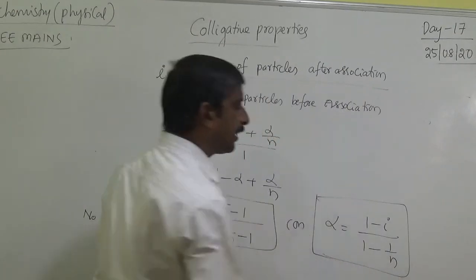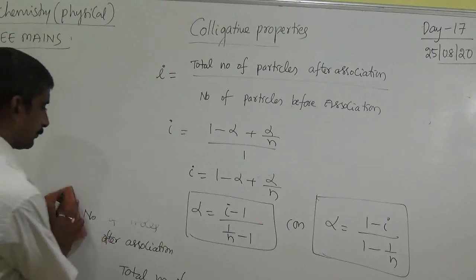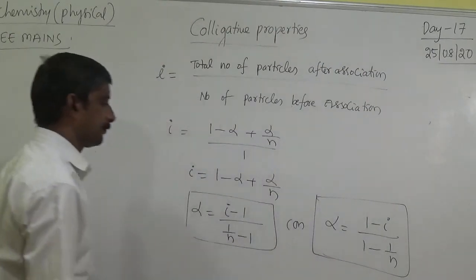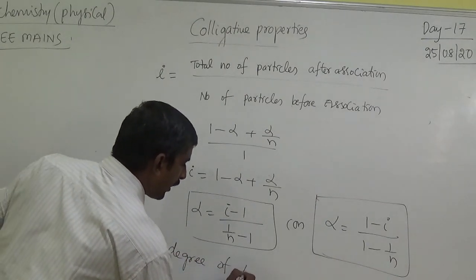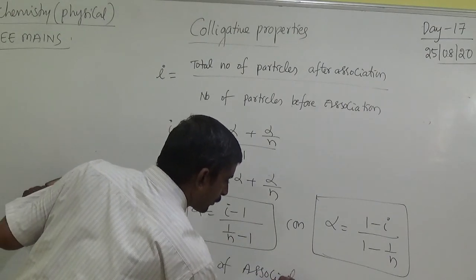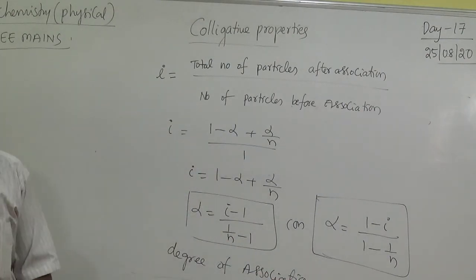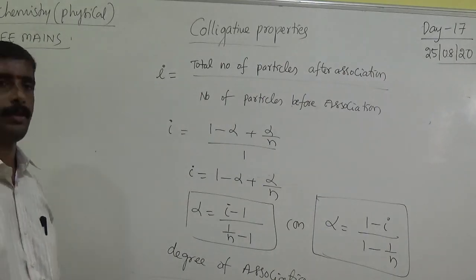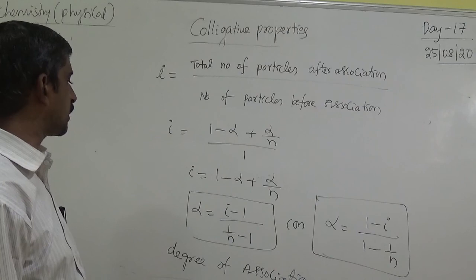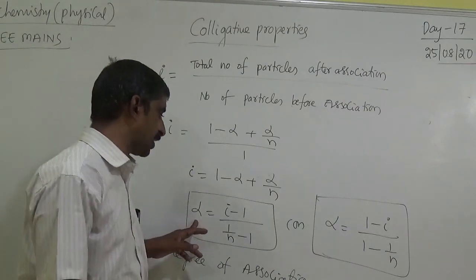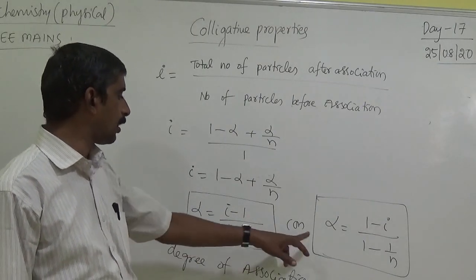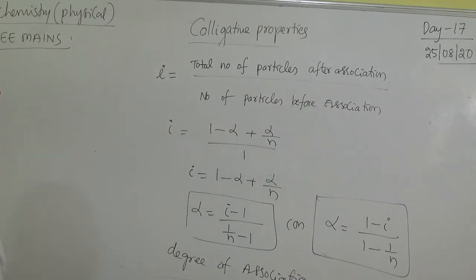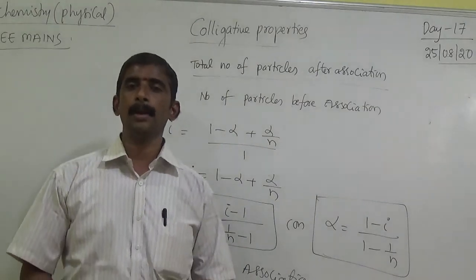That is the degree of association. Alpha means degree of association here. Alpha equals (i minus 1) by (1 by n minus 1), or alpha equals (1 minus i) by (1 minus 1 by n). Here i is the Van't Hoff factor and n is the number of particles.